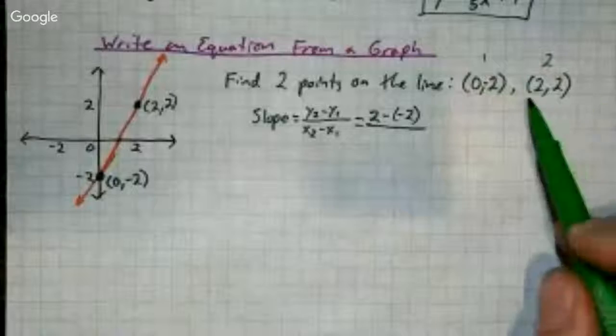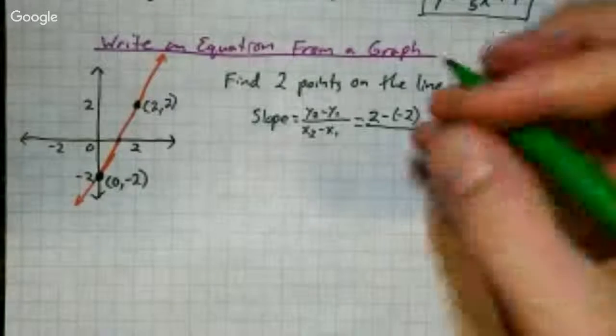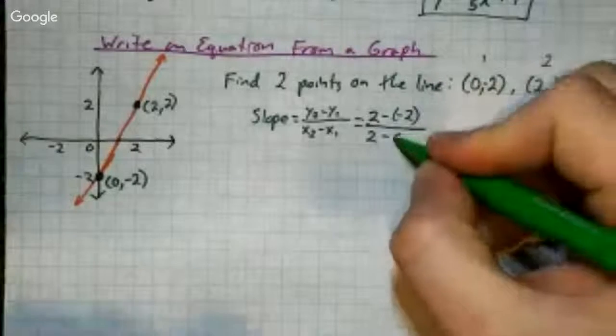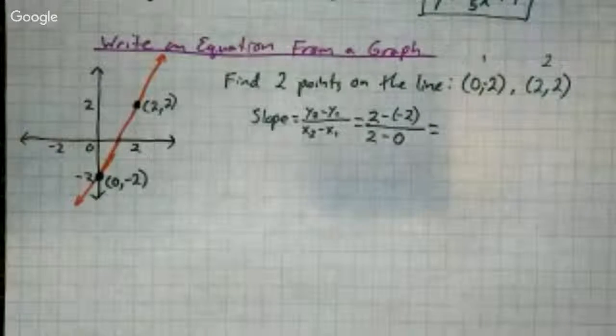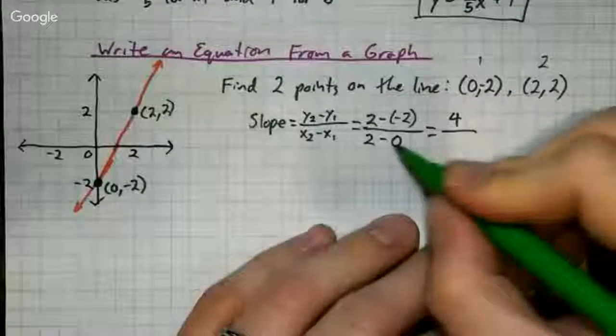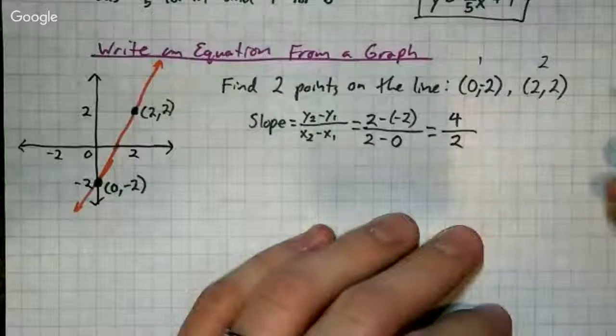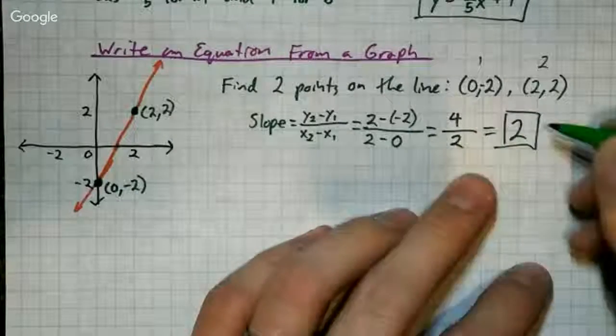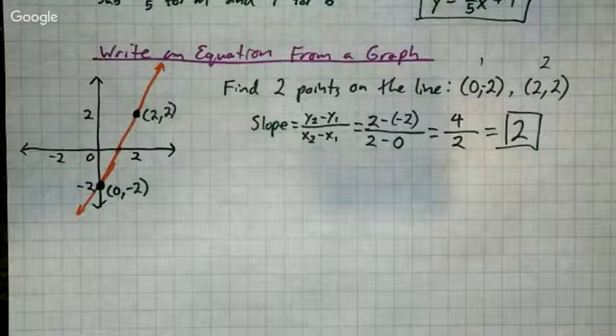Then x2 is 2 minus x1 is 0. We simplify. 2 minus -2 is actually going to give me 4. 2 minus 0 is going to give me 2. And our slope is actually going to be 2. Okay, so we found the slope.